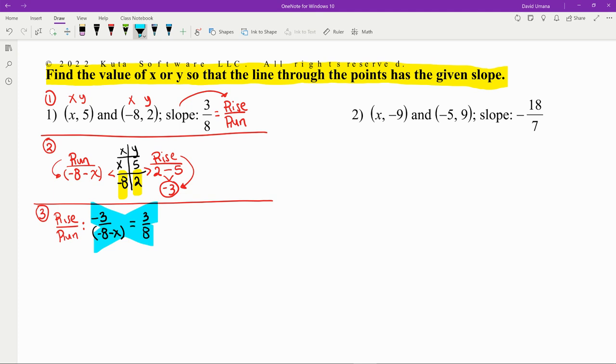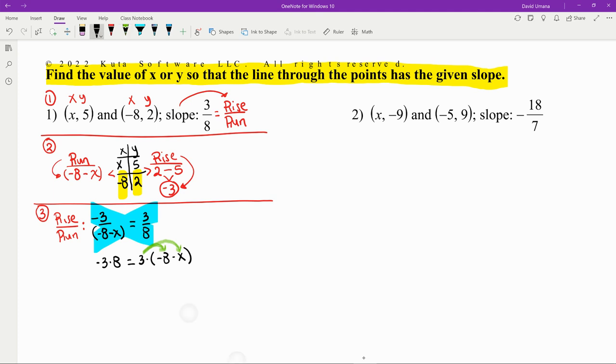Okay. So what that means is I'm going to start with negative 3 times 8. So negative 3 times 8 is equal to 3 times parentheses. I write the number first and then I put the parentheses. This is in order for me to create my distributive property.